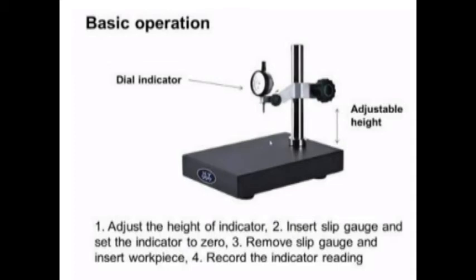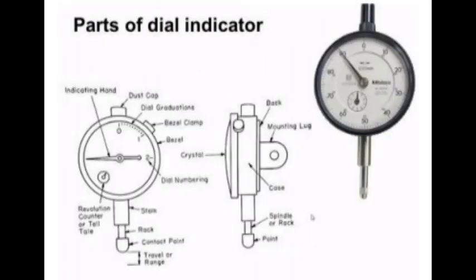Now let us study the construction of the dial indicator. There are many parts in the dial indicator. This is the indicator hand, and then we have a rotary scale with the markings, and there is a dust cap to protect the rack, and we have a bezel to protect the pointer and the scale, with a bezel clamp.